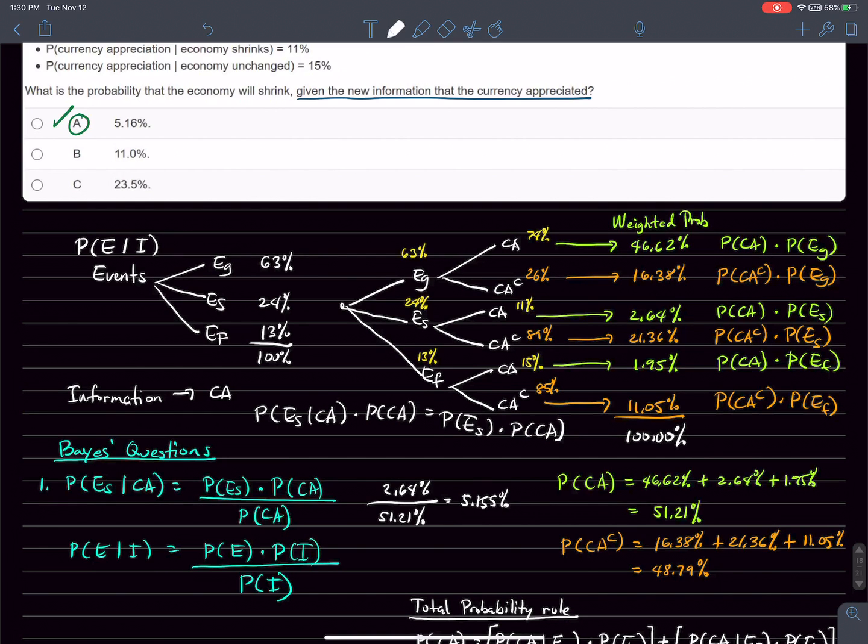You see this? ES and CA, which is this one, probability of ES times probability of CA. That's what it means. You knowing this formula.